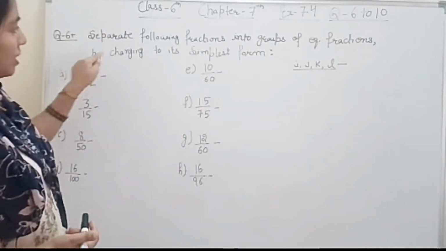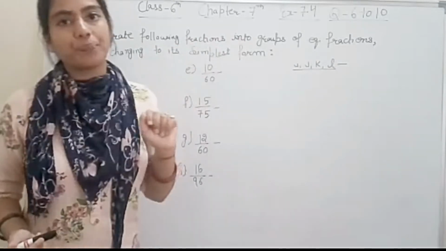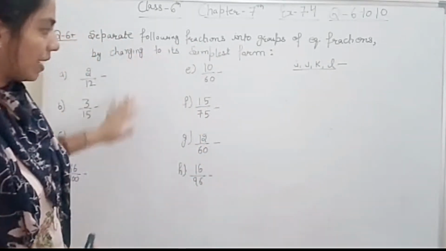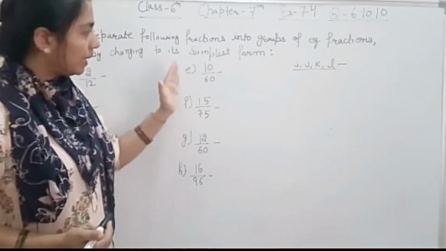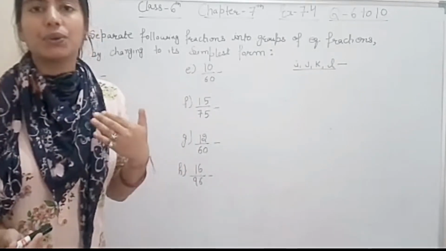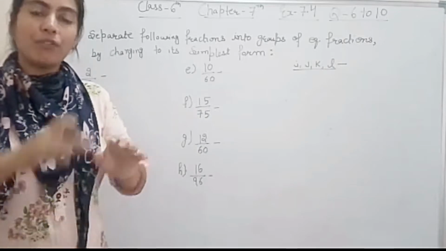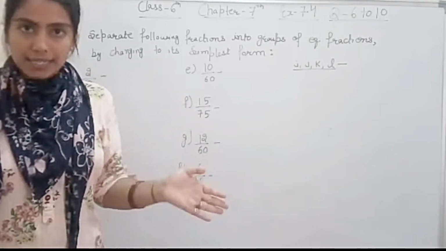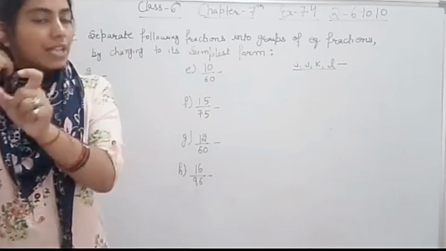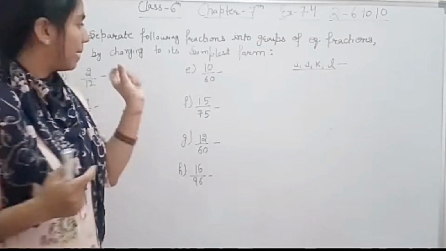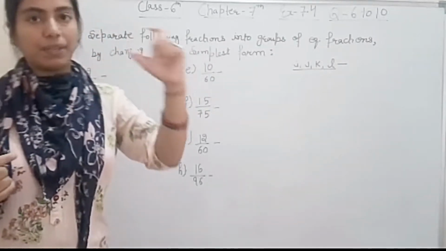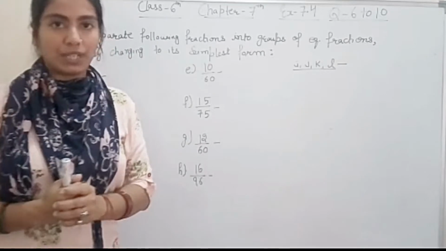The next line is: by changing to its simplest form. It means if the fractions are the same but cancel to each other, you have to first convert all the parts into simplest form. Then you match the fractions. Which fraction is similar to which fraction? Fine. So let's quickly start.